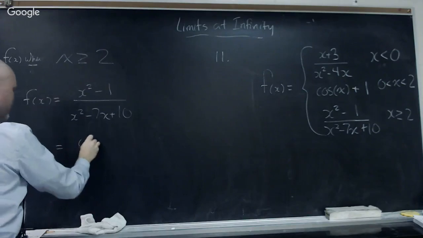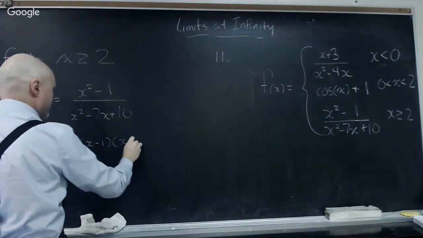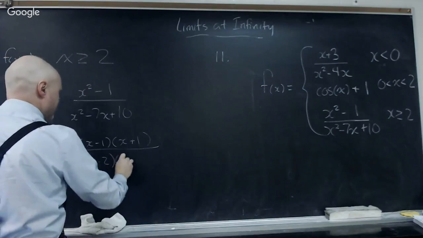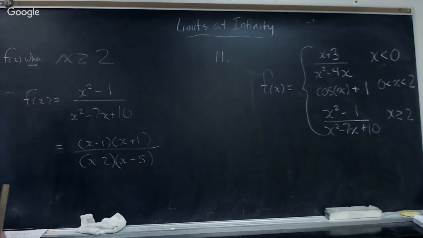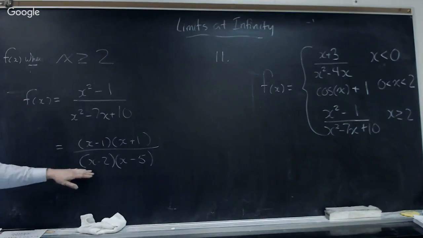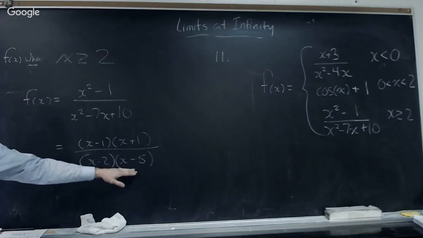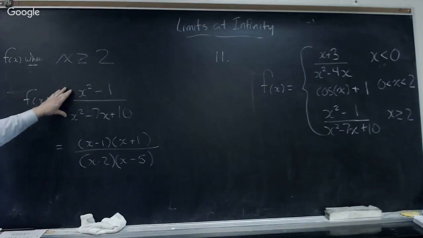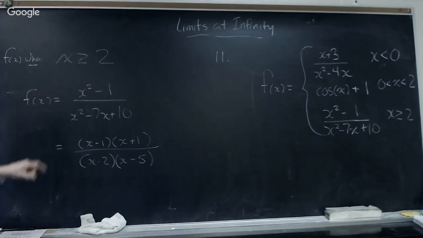And so it's equal to x minus 1 times x plus 1 over x minus 2 times x minus 5. I can see I'm going to have a couple of vertical asymptotes. The degree of the top is equal to the degree of the bottom, and so the horizontal asymptote is going to be equal to 1.